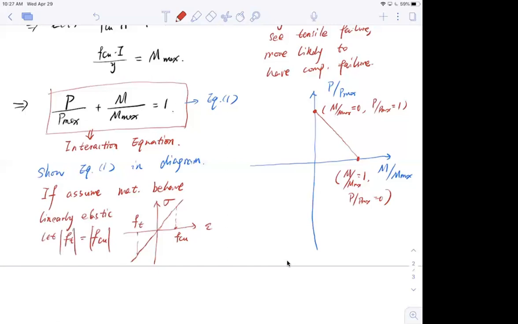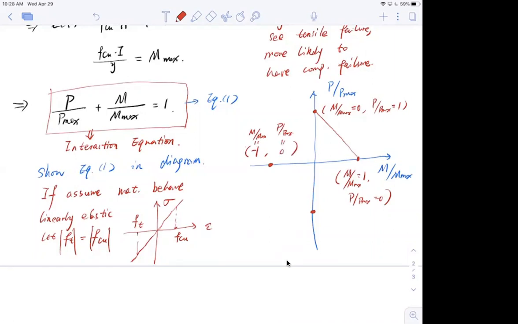If the material is elastic, I can also have the other two points. This point is M divided by M max equal to -1, then P divided by P max equal to 0.